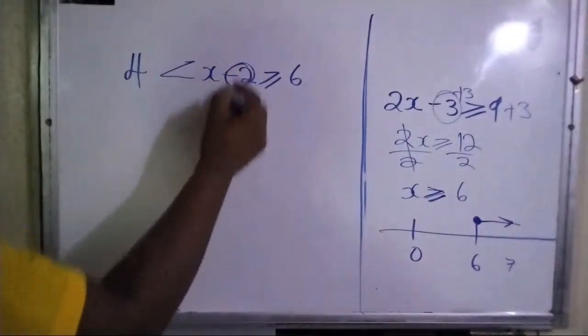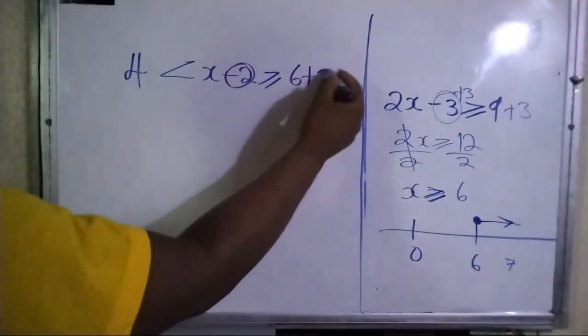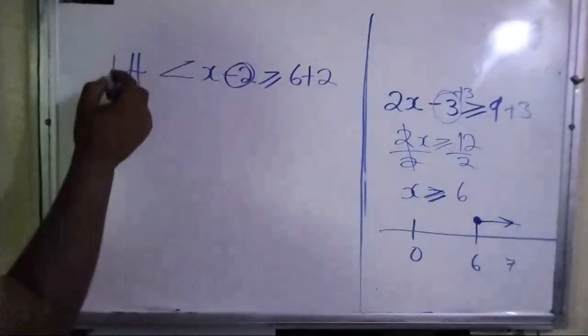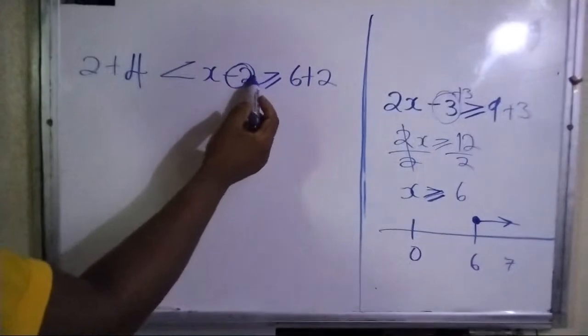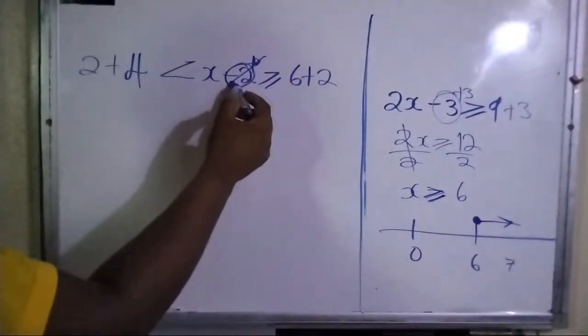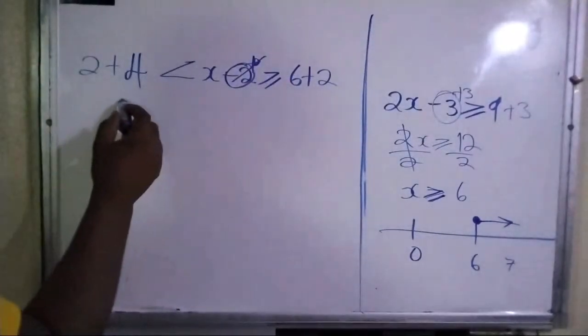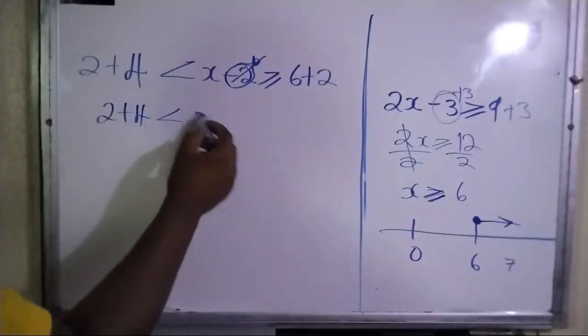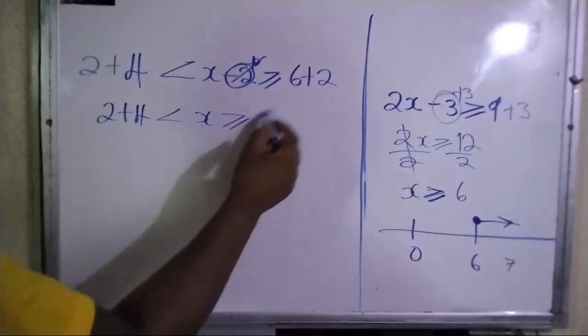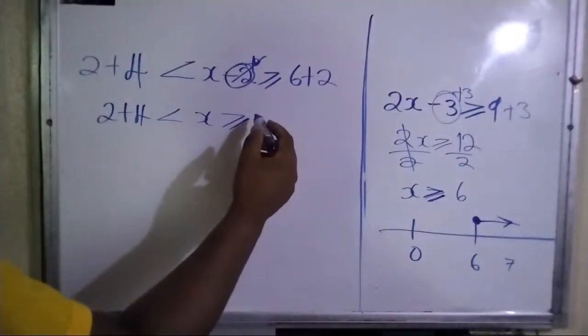So we have minus 2. What we have to do is do it on both sides. Alright? Because remember, it's an equation. When you do something to one side, you do it to the next side. So because we add 2, if we get rid of 2 here, we do it to both sides, right? So this becomes, let's write it out, 2 plus 4 less than x less than or equal to 6 plus 2.